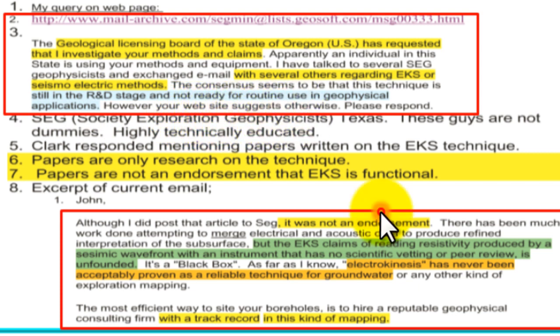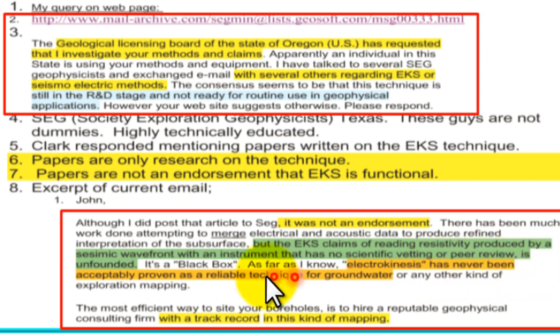Please respond. Although I did post the article to SEG, it was not an endorsement. There has been much work done attempting to merge electrical and acoustical data to produce refined interpretation of the subsurface. But the EKS claims of reading resistivity produced by a seismic wavefront with an instrument that has no scientific vetting or peer review is unfounded.